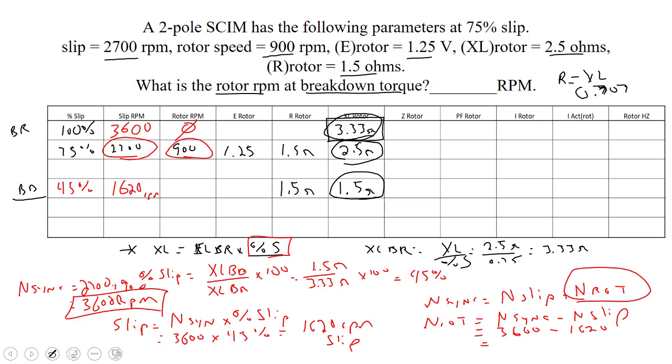It's going to work out to about 1,980 RPM at breakdown. So 1,980. There's your answer.